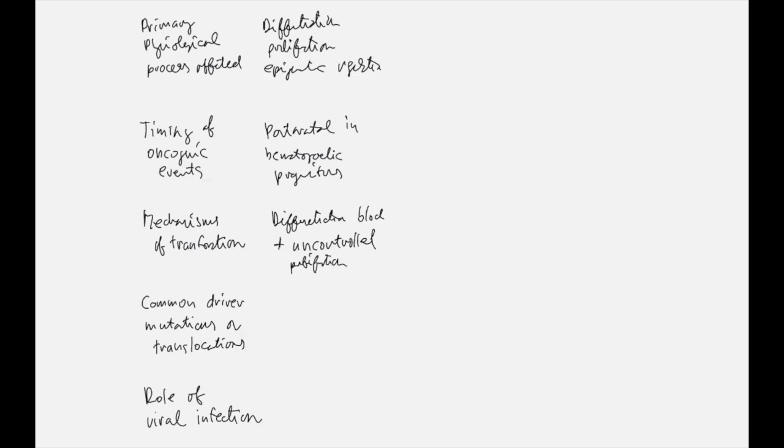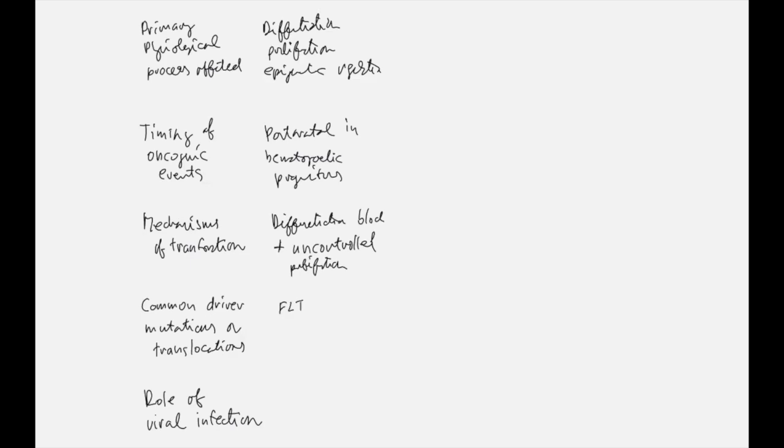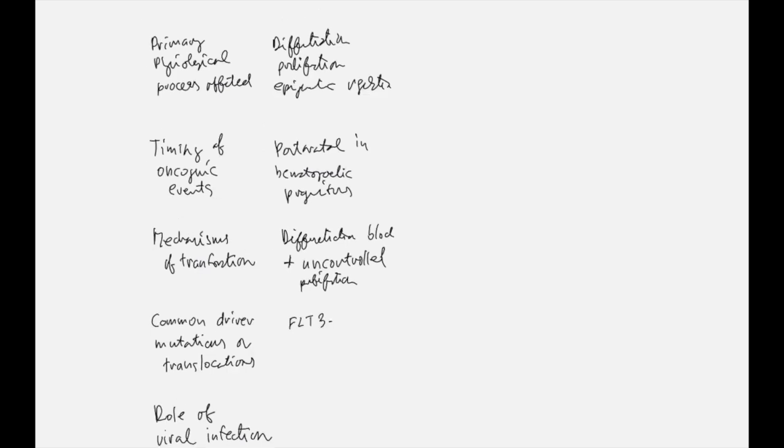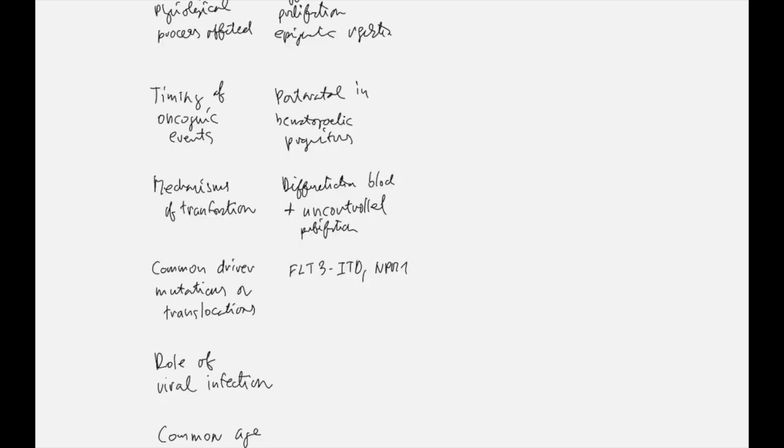We talked about the driver mutations. Some of them I can mention again and remind you. It could be FLT3, so ITD, just some examples, NPM1, and for example, RUNX1T1.